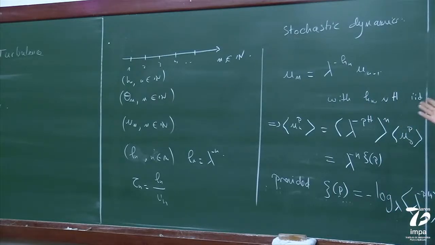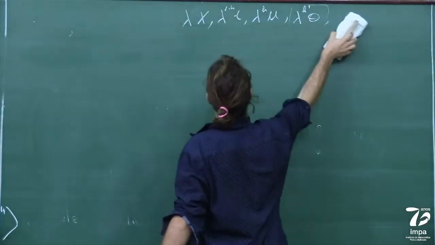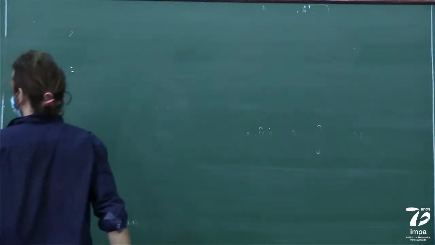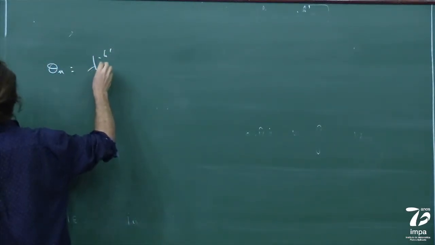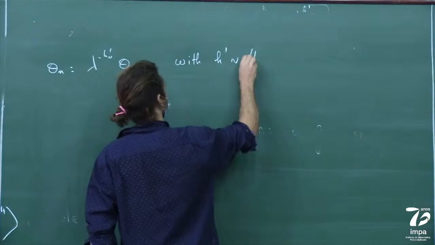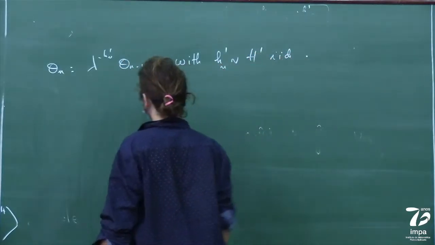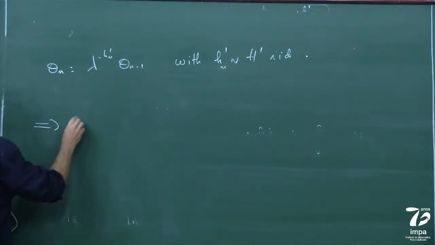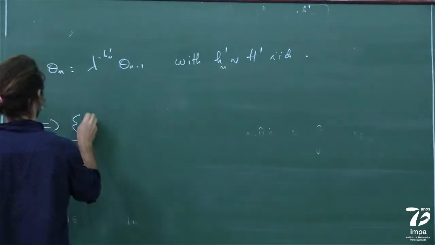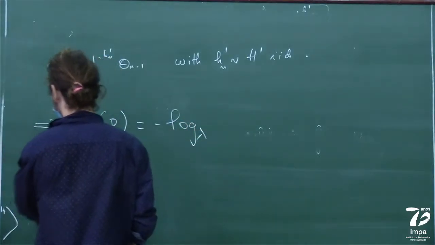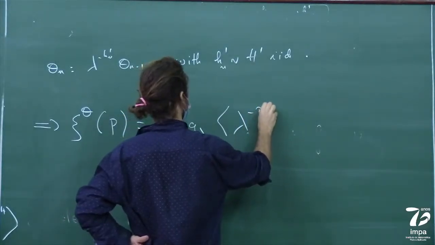We can also introduce another, similar dynamics, so something like theta_n equals lambda to the minus h prime_n theta_{n-1}, okay, with h prime independent and identically distributed, so that we obtain in the end that the structure function associated to this variable theta, order p, is the same formula, but this time with lambda to the minus p h prime.